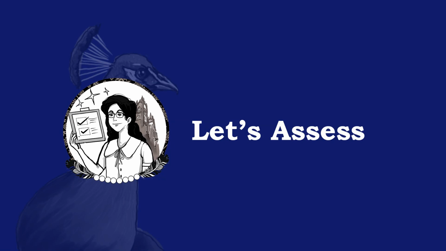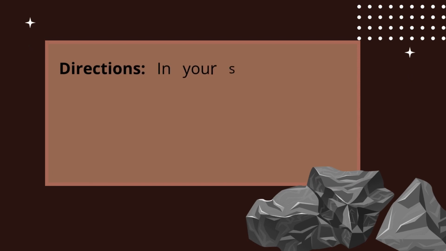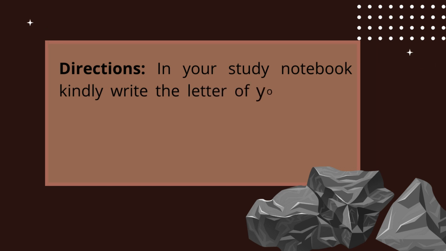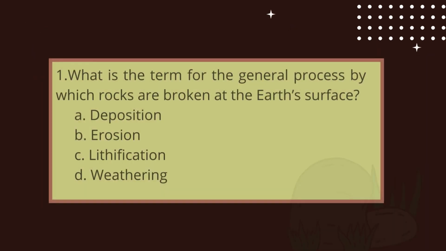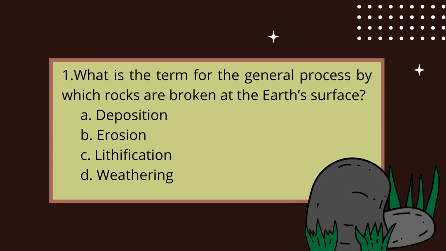Did you enjoy our lesson? Amazing! Now let's go back to the question posted at the beginning of our lesson and review your answer. What is the term for the general process by which rocks are broken at the Earth's surface?